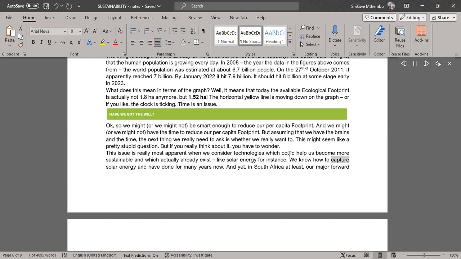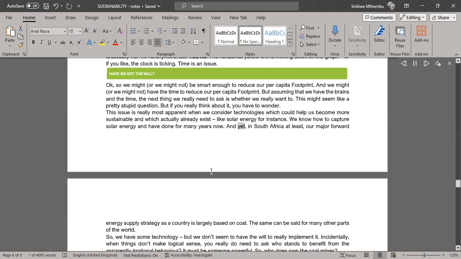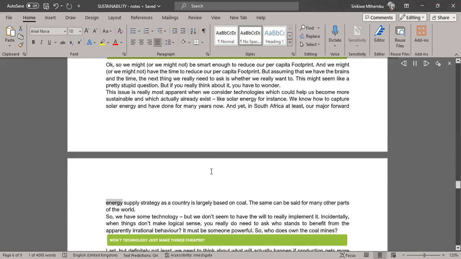We know how to capture solar energy and have done for many years now. And yet, in South Africa at least, our major forward energy supply strategy as a country is largely based on coal. The same can be said for many other parts of the world. So, we have some technology, but we don't seem to have the will to really implement it.